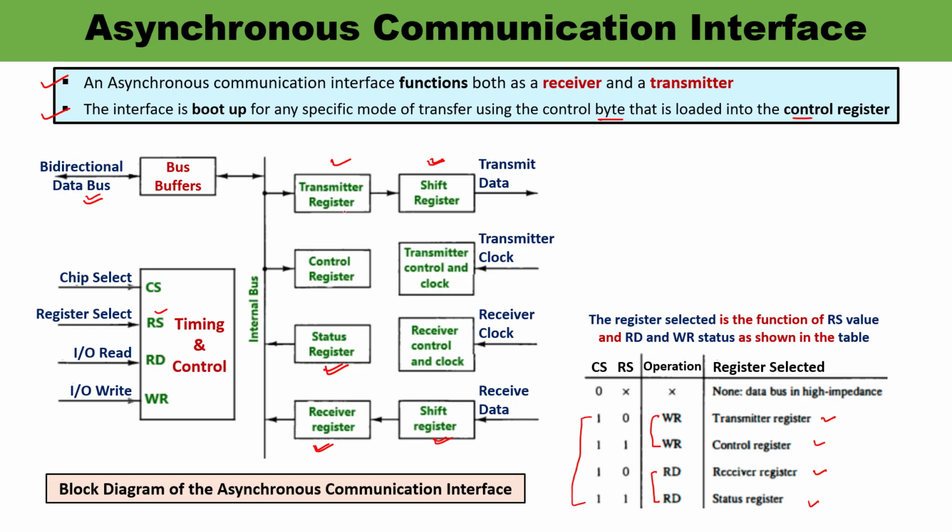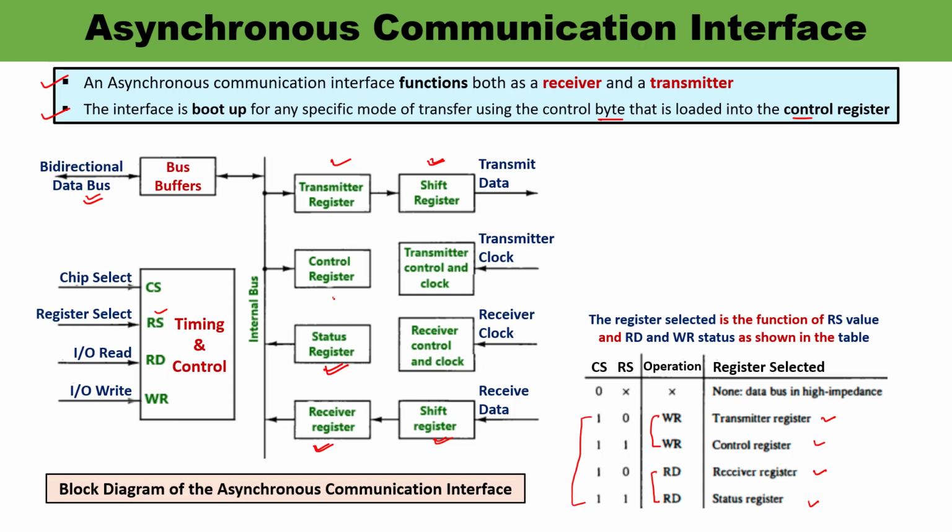In the transmitter register, data from the data buses is stored, which is to be shifted and transmitted further. So register select is associated with the read and write controls, and register selection is a function as shown over here, right?